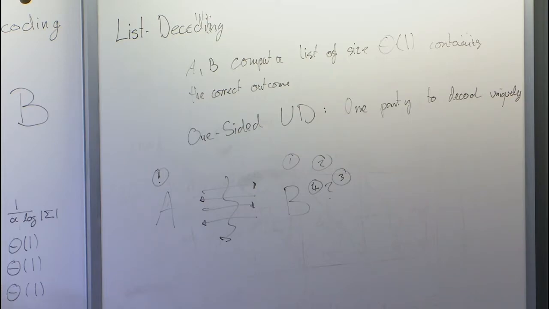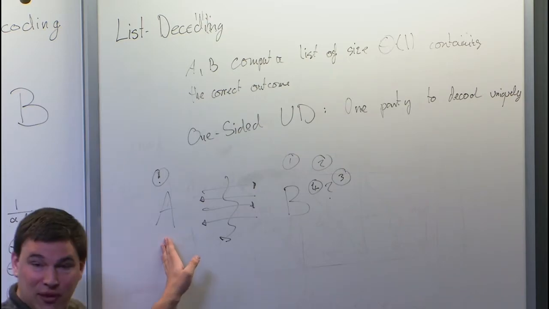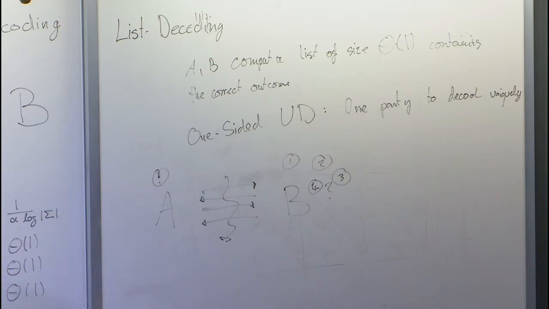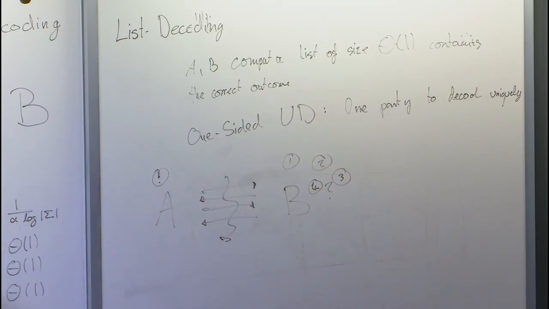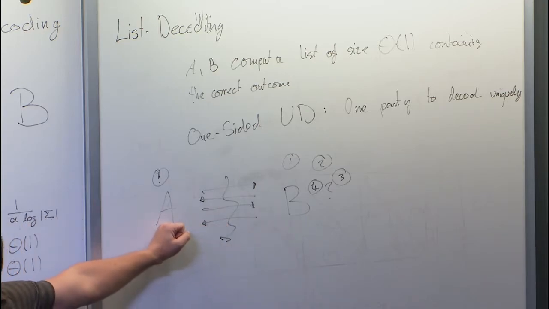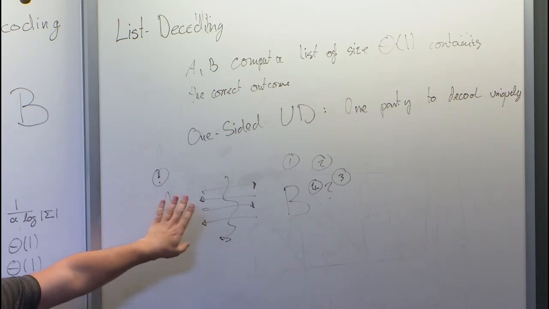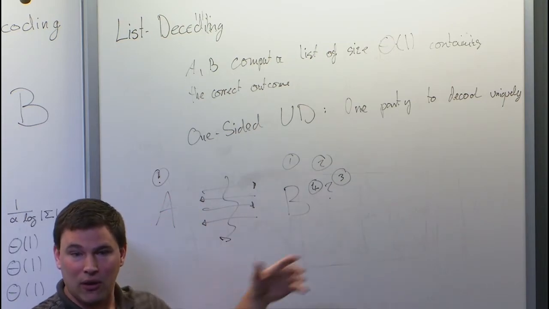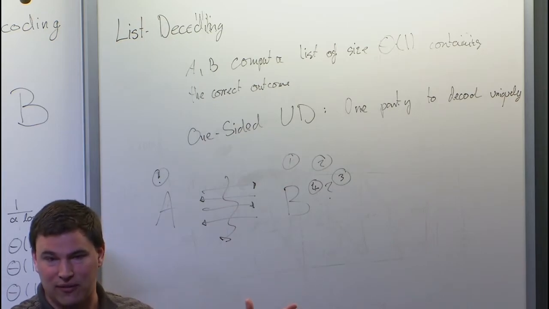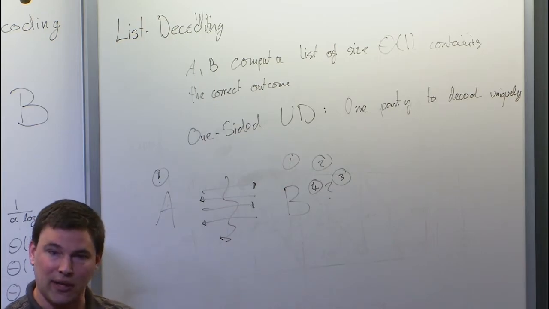If in the very end he has no clue what Alice really was aiming at, how could he possibly have given the right answers? If there are too many options here, then he could not possibly have given the answers. So even though we're really just asking about unique decoding of Alice, I claim that what we really need to solve in between, at the very least, is that Bob should be able to, in the end, figure out at least a reasonably small list of things that Alice wanted to compute. Otherwise, he cannot give the right answers.